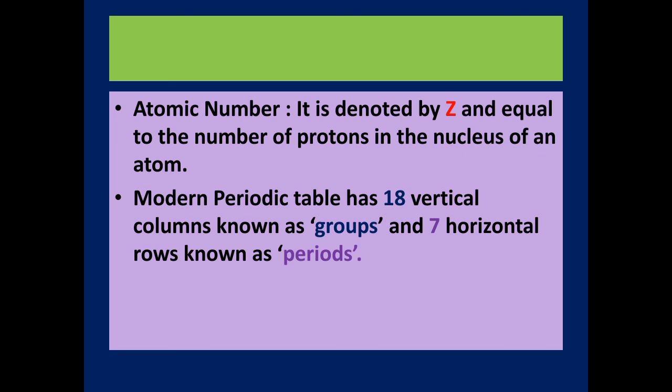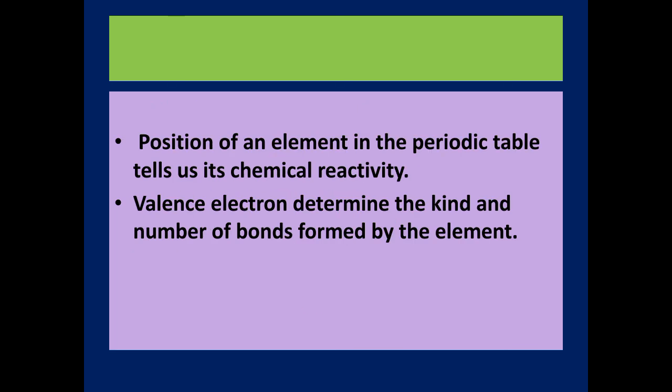We already discussed that atomic number is denoted by Z, and it is equal to the number of protons in the nucleus of an atom. The modern periodic table has 18 vertical columns known as groups and 7 horizontal rows known as periods.